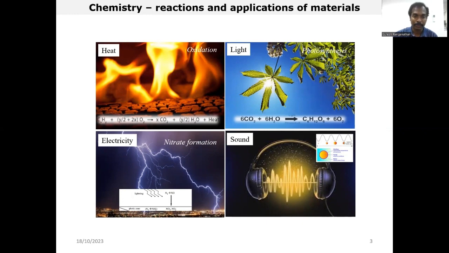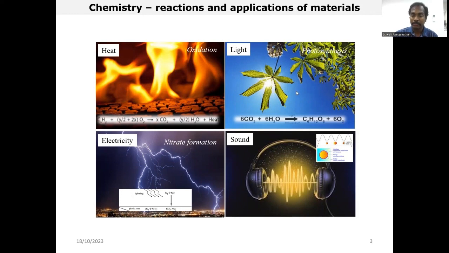How does it happen? In the presence of heat, the wood, which is composed of carbon and hydrogen material, burns with the oxygen, and it will form carbon dioxide, water, and many other volatile organic compounds. We can call this kind of reaction a thermochemical reaction.